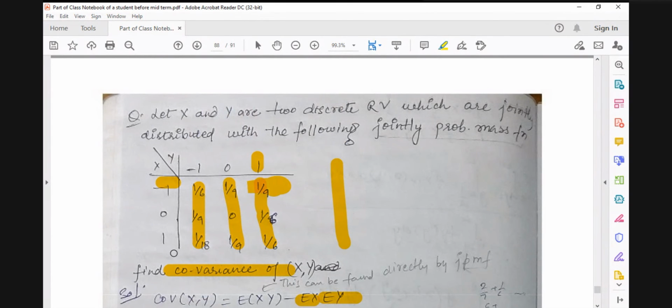So to calculate expectation of x into y, what we are doing is first we are taking this, multiplying by this and its corresponding joint probabilities. So this is multiplied to this, and then this multiplied to this, and this plus this multiplied to this and this.